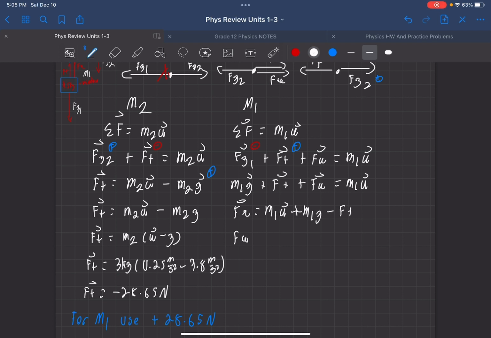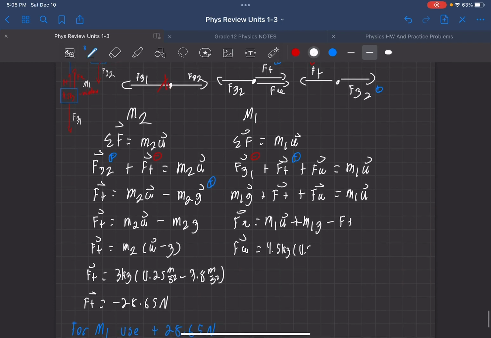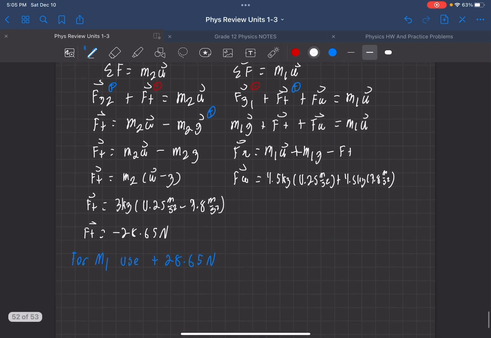So force applied is equal to M1 being 4.5 kg times the acceleration being 0.25 meters per second squared, plus M1 again, so plus 4.5 kg times 9.8 meters per second squared, and we're subtracting positive 28.65 newtons.